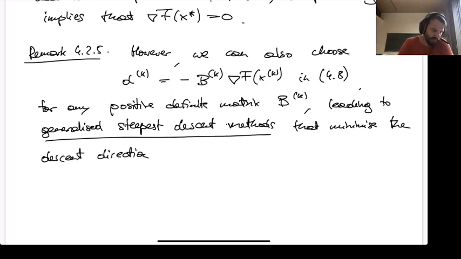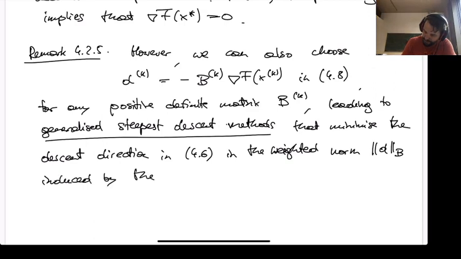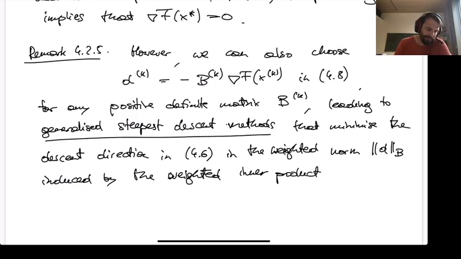In 4.6, in the weighted norm induced by the weighted inner product x, y, b.